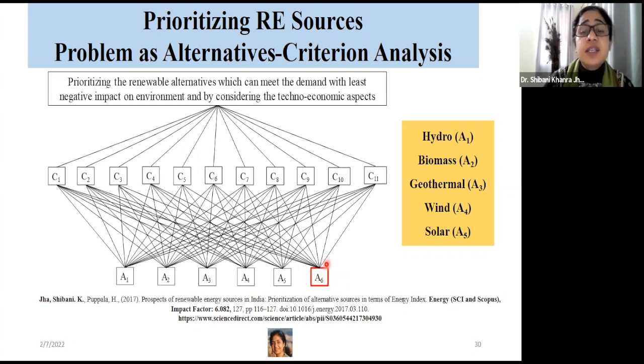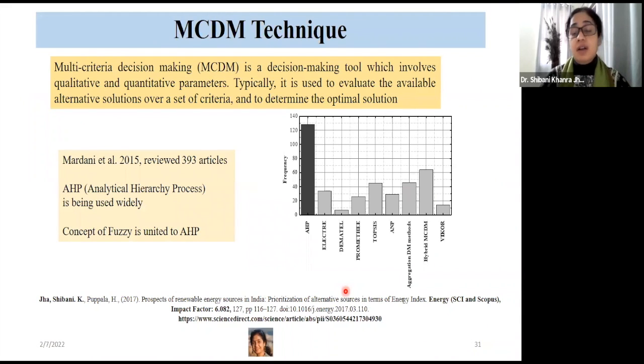So this A6 is a hypothetical alternative which will always show the ideal situation, where it will always achieve the score of 1, let's say, so that we can compare other alternatives with respect to this A6. So that is why a hypothetical alternative is considered as A6.